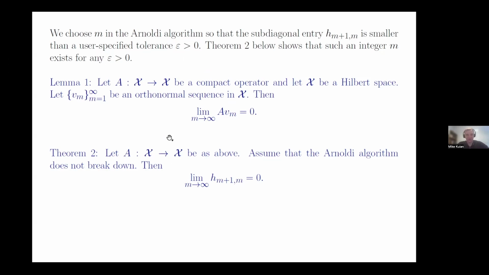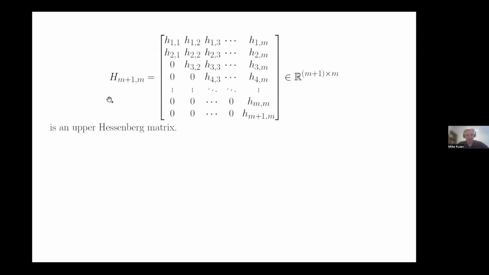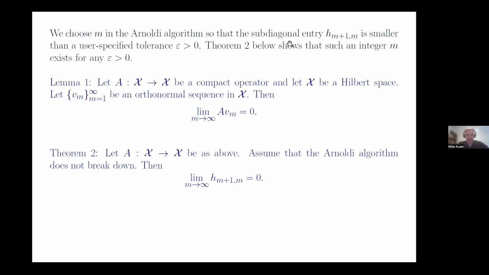First of all, from classical analysis, we know that if A is a compact operator on Hilbert space, and Vm is an orthonormal sequence in Hilbert space, then for any compact operator, AVM converges to 0.